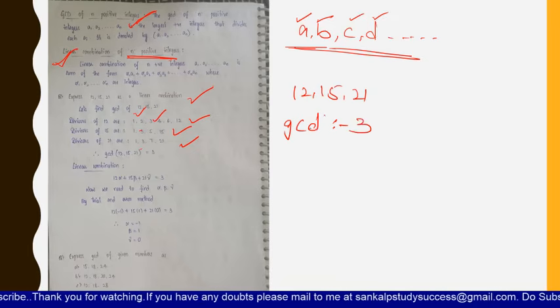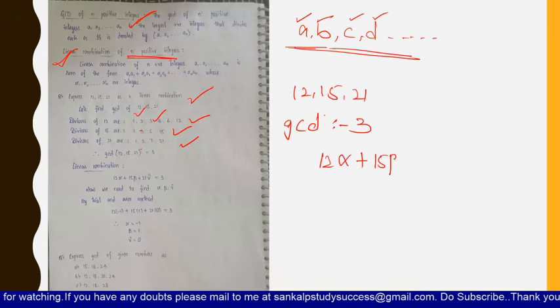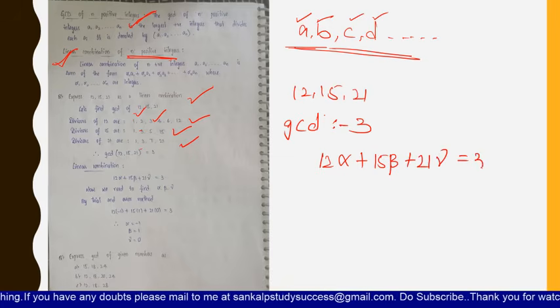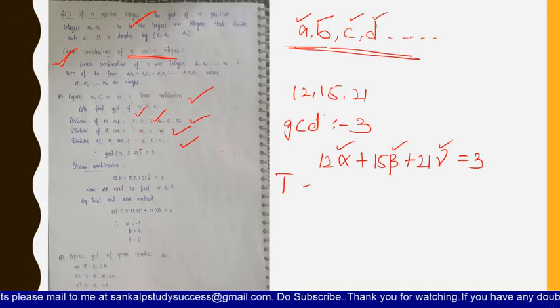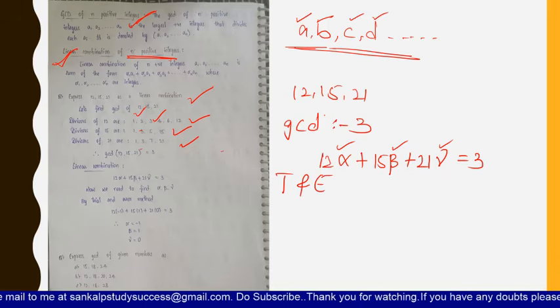Now you all know how to express the linear combination, that is 12 alpha plus 15 beta plus 21 gamma is equal to 3, which is nothing but the GCD, correct? So now we need to find the alpha, beta and gamma values. We can find them by using the trial and error method.